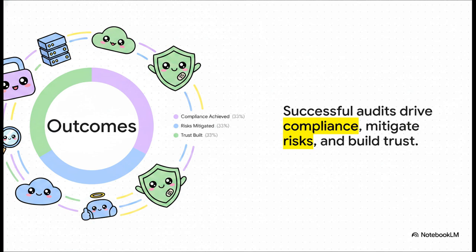But more importantly, it ensures that critical risks like security vulnerabilities, operational failures, or data privacy breaches are actively mitigated. And when you have that undeniable, verifiable proof, that's when deep, unshakable stakeholder trust is built. Your users and the wider public know for a fact that your AI system isn't just a mysterious black box. It's a secure, responsibly governed tool.